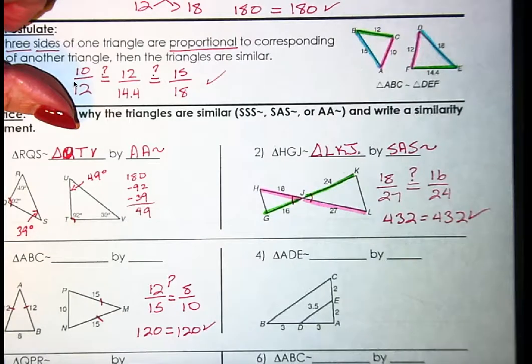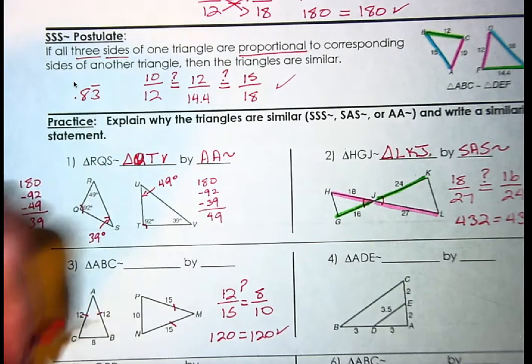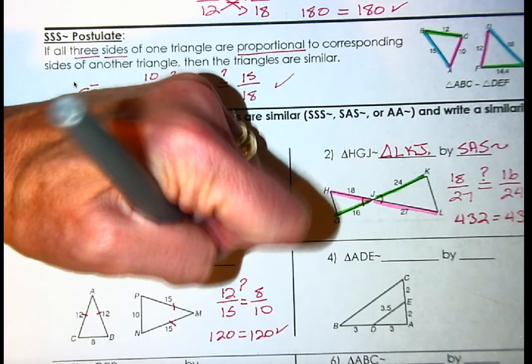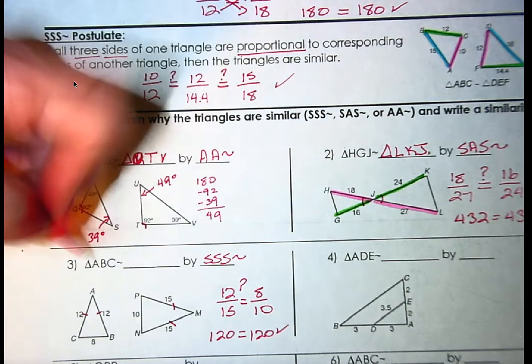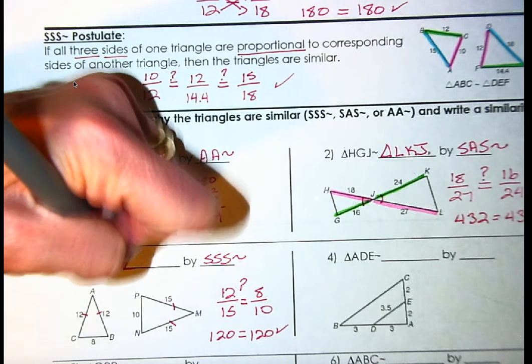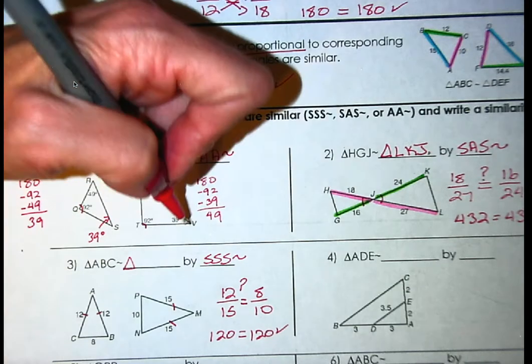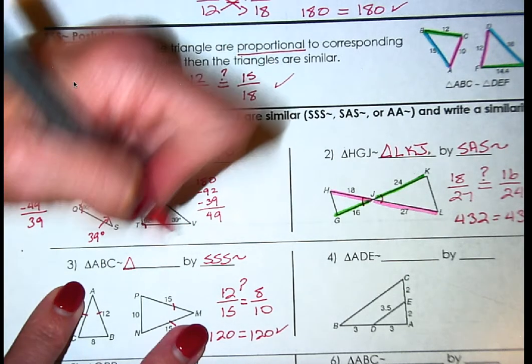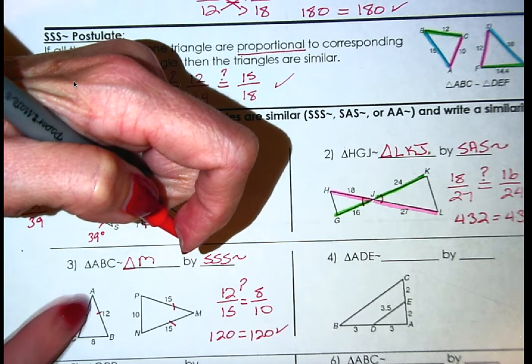The next one, oh, we forgot to do our similarity statement. Okay, so we know that all three sides are similar. So side, side, side is going to be our postulate that we're going to use. Then we need to do our similarity statement. So triangle ABC is congruent to triangle. What goes with A? That would be M. What goes with B?